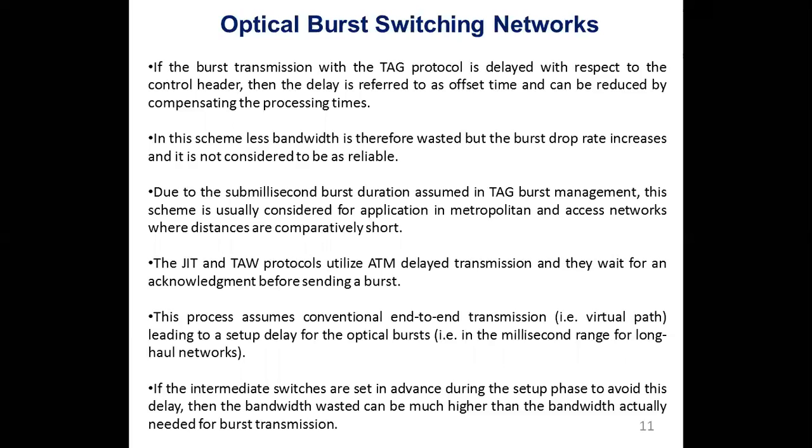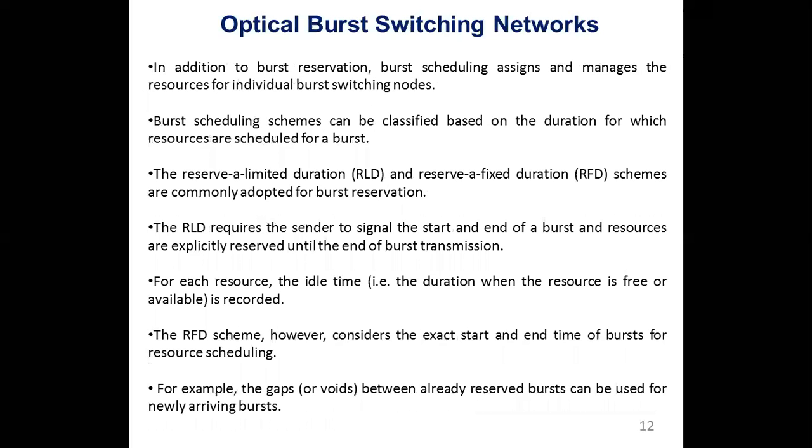Given the difference between the JIT and TAW protocols, these will utilize the delayed transmission, and they can also wait for the acknowledgement. The TAG protocol basically is delayed with respect to the control header, and then there'll be some kind of delay. So there's more information on this.